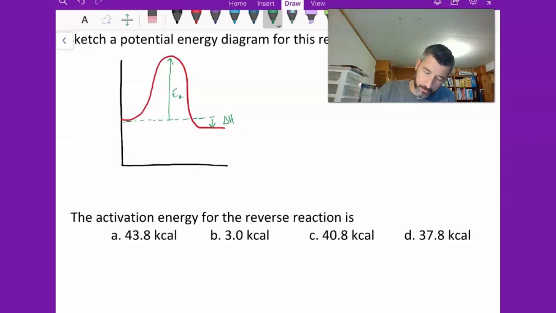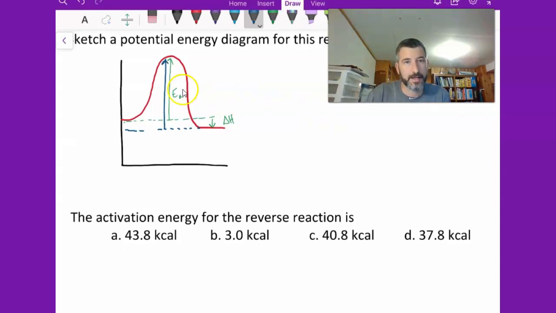For the reverse reaction, we would be starting with products and going in reverse, so it would be the original activation energy plus the other 3 kilocalories, which were the difference between reactants and products. So now we have to get over an even bigger hill going back in this direction.